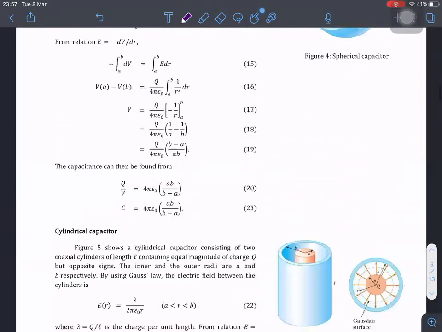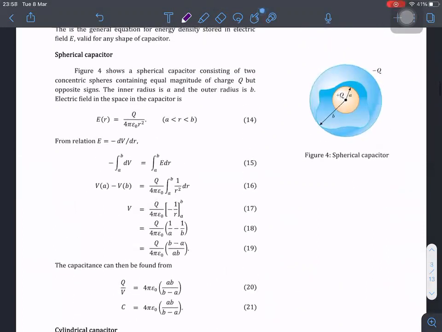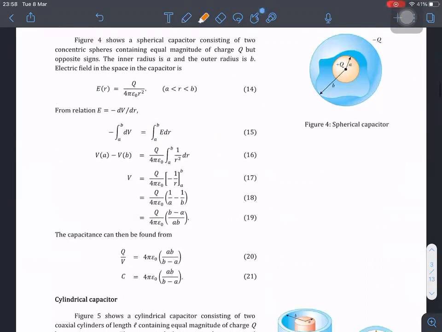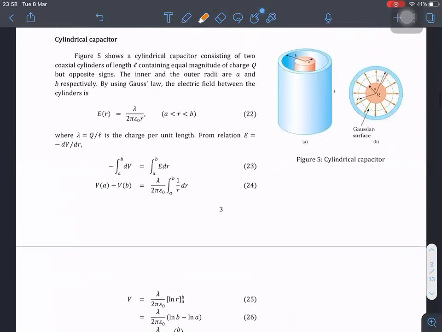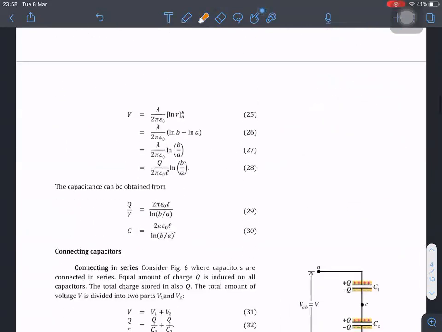Okay, so this part is the theory about finding C for the spherical capacitor. Again, you can see that they start from having E, which is what I mentioned as the first step for the calculation, and then they find V from an integration, and you use the definition of C equals Q over V to finally find C. The same goes for the cylindrical capacitor, which I already showed you.